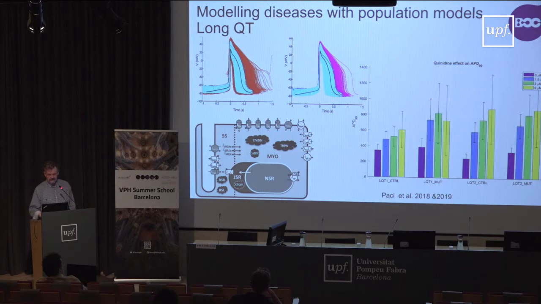And of course, a similar thing we can do on these populations. We can have a population of normal persons, a population of, like here, long QT, maybe some other disease, and then, for example, having this one drug, see how it affects. And these are the different doses, and we can see the dose response on these different mutations.